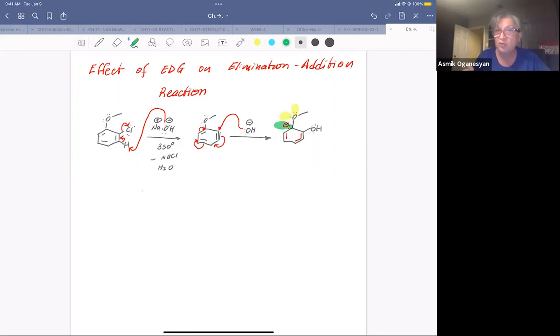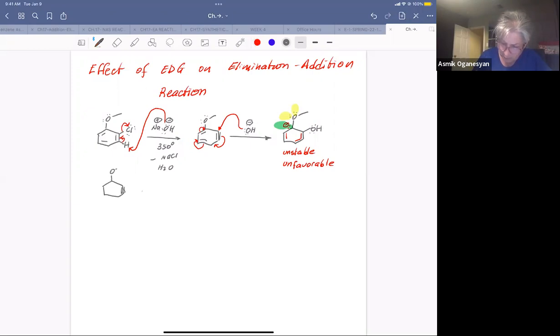So the electrons will rush back and end up right where they started at. And that is not a good place. Okay, so this is unstable and unfavorable.